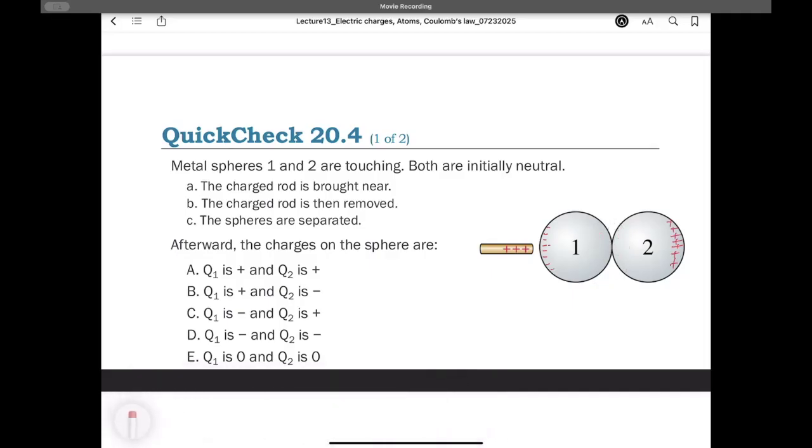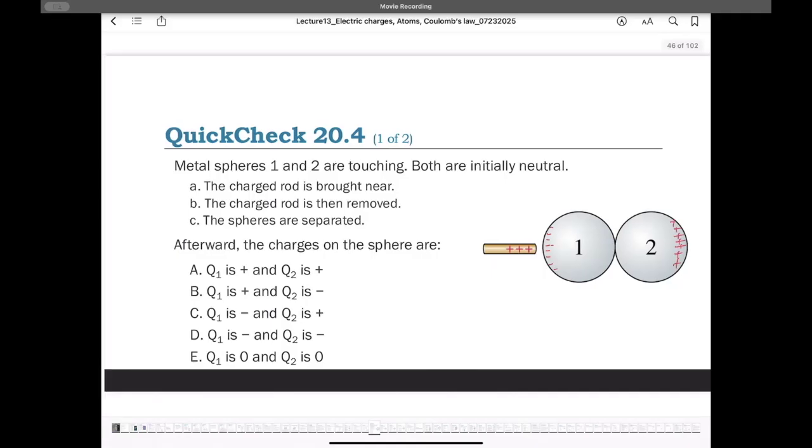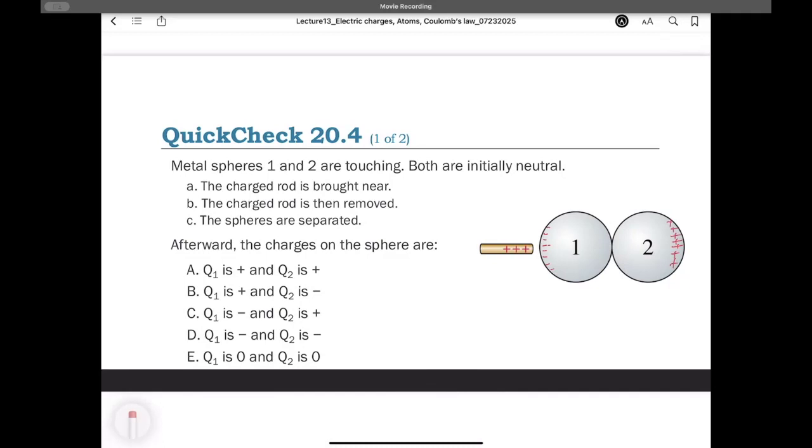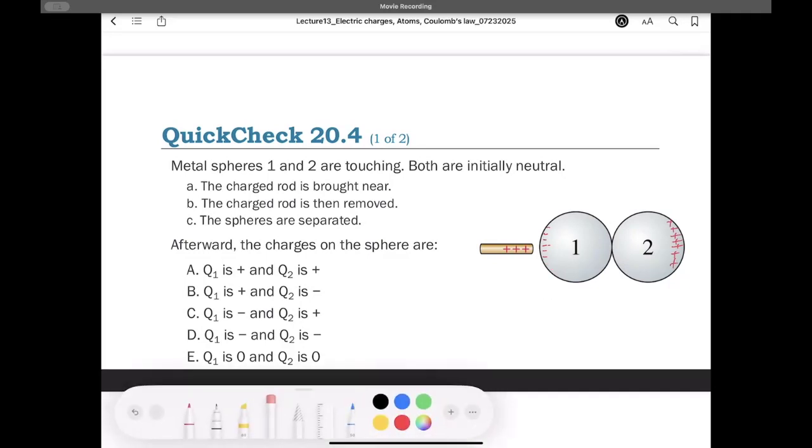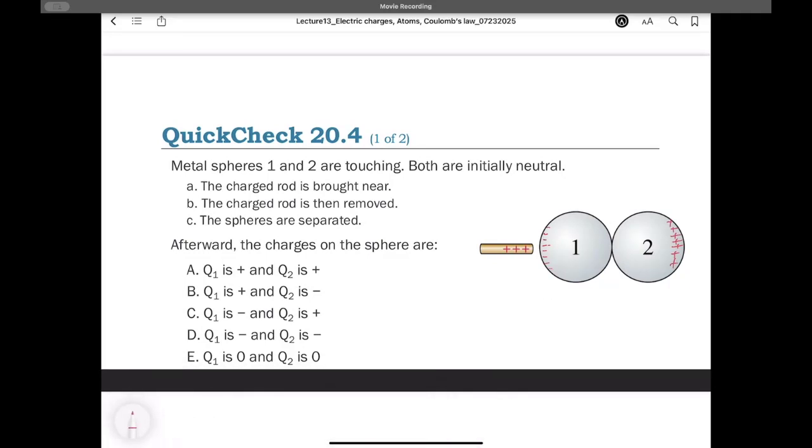And for now, after the charged rod is removed, the polarization phenomenon will disappear, and the negative charge and the positive charge will rearrange because those two are attracted to each other.